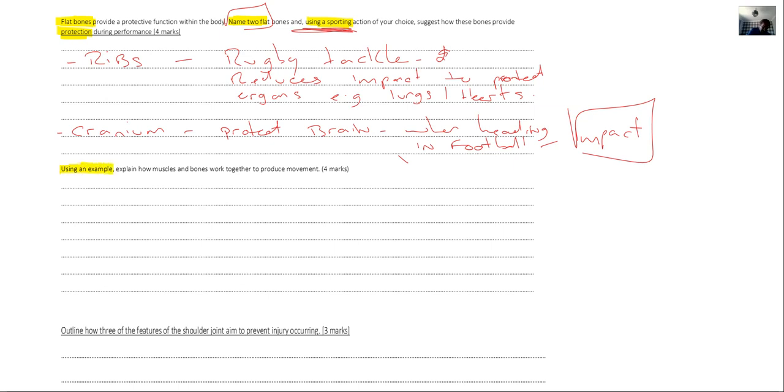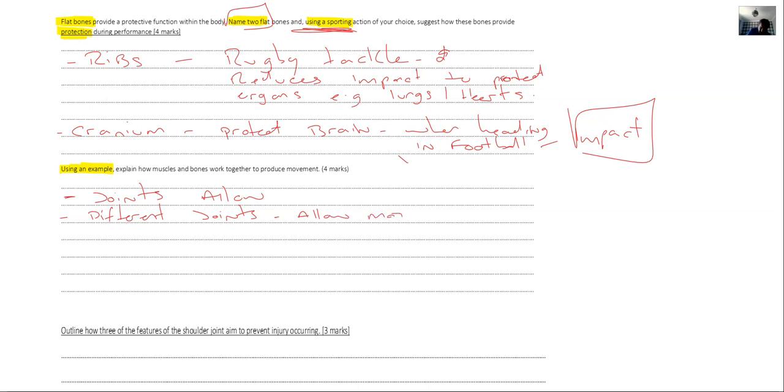But first of all, we need to explain what happens. So in terms of any movement, you must have in there that the skeleton has joints that allow movement. Okay, you could also then talk about different joints produce different movement. Different joints allow other movements.